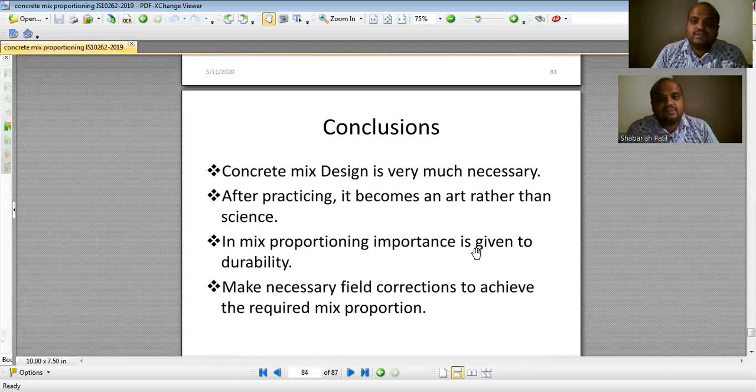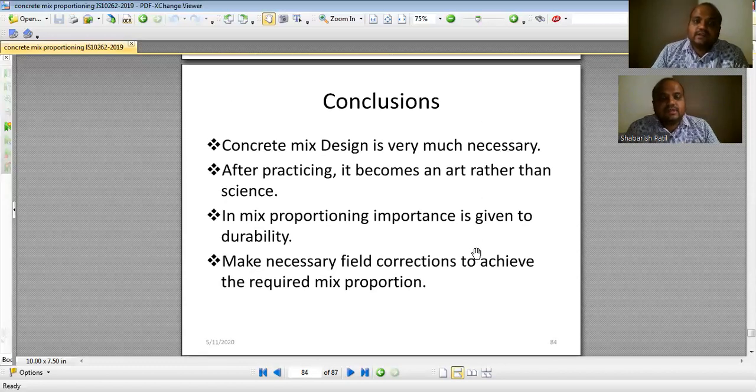So I am going to conclude: concrete mix design is very much necessary to achieve economy and to make my concrete sustainable. Though I have not talked about sustainability, it is required. After practicing, it becomes an art rather than a science.